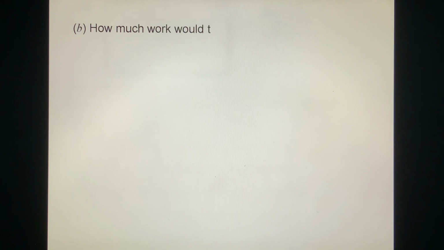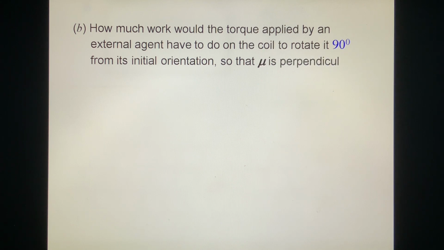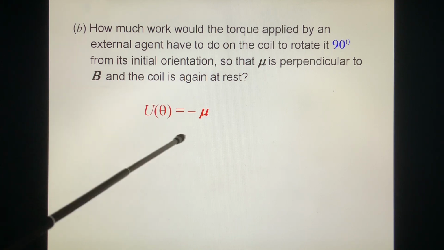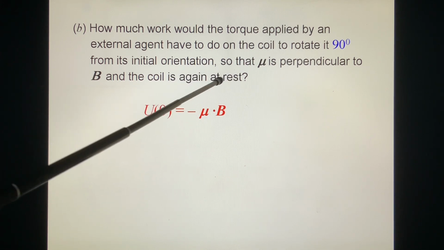Question B. How much work would the torque applied by an external agent have to do on the coil to rotate it 90 degrees from its initial orientation, so that mu is perpendicular to B and the coil is again at rest? That's because there is no kinetic energy, because again it's at rest.